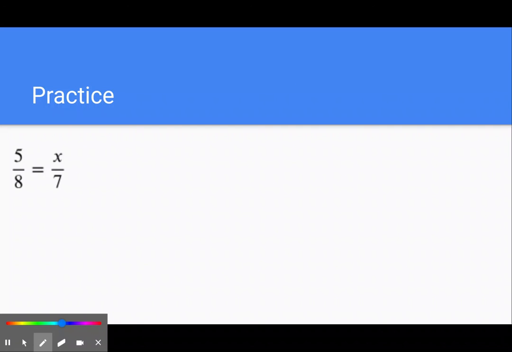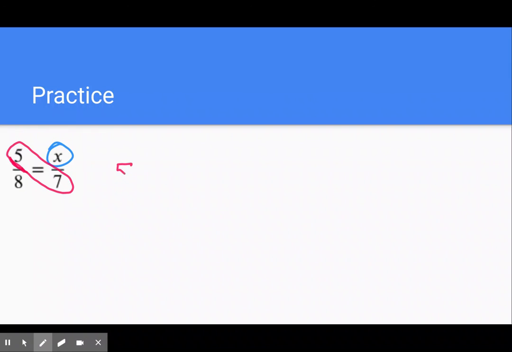I look for my variable and I circle it. That's what I need to find out. So I'm going to take the other 2 numbers, 5 times 7, and then divide it by 8.